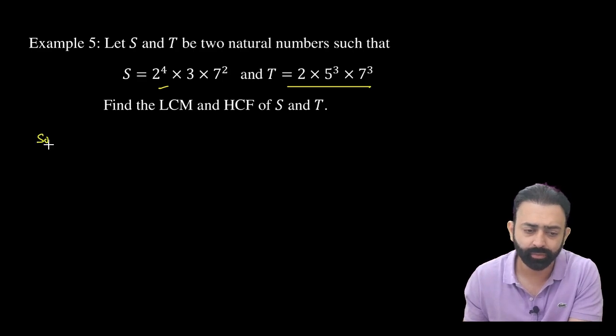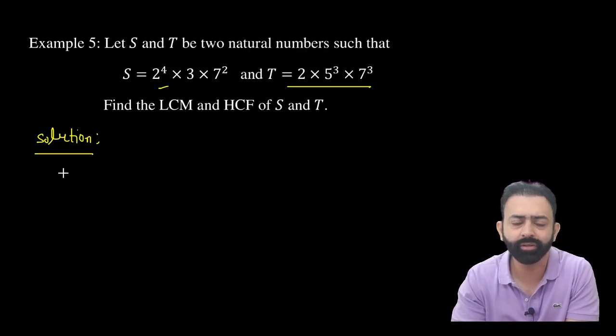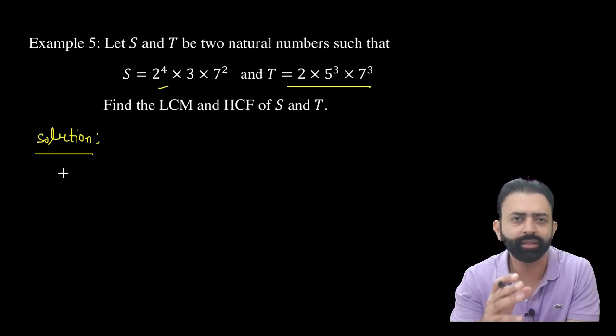Now, we have learned that whenever the numbers are written as a product of their prime factors, not just the prime factors but the exponents of these prime factors, then HCF is equal to the multiplication of common prime factors having the least exponent.